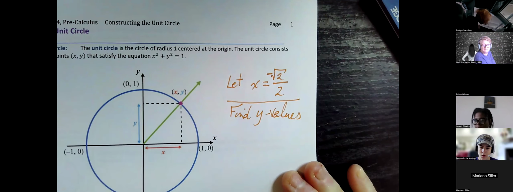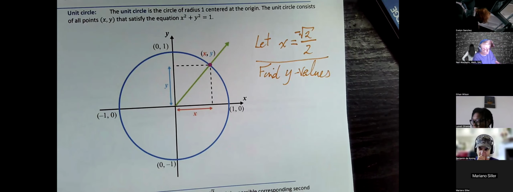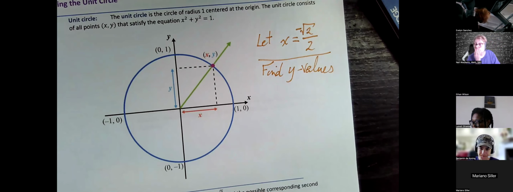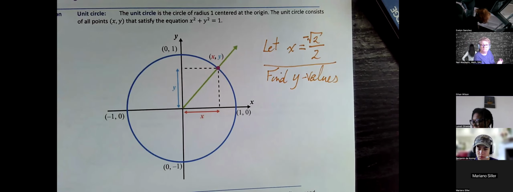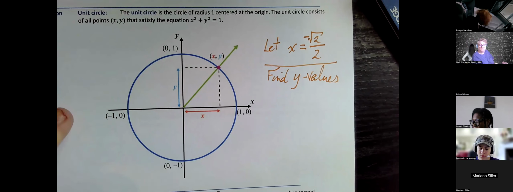So how do we do that? Your goal is to find the y values with x equaling negative square root 2 over 2.